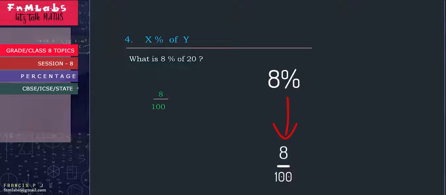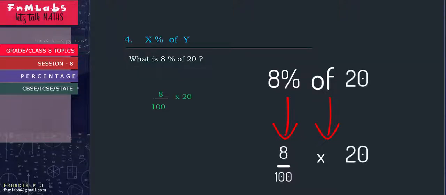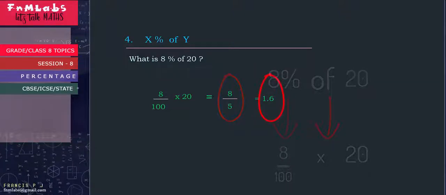The word of may be translated in maths as the product. So 8% of becomes 8 by 100 into, and it follows 20, which is the given number. By simplifying, we get the result as 8 by 5 in fractional form, or 1.6 as decimal number.